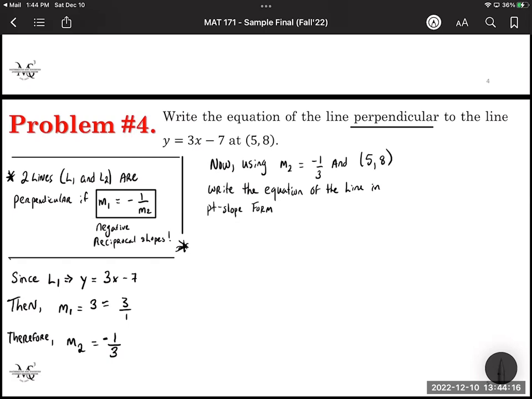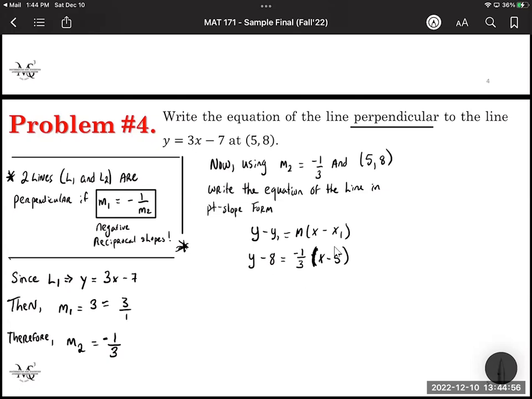Isn't it y minus y1 equals m in parentheses x minus x1? There you go, you got it. Very good, Chris. So now I'm just going to plug things in accordingly. M2 is negative 1/3, so that's my m. X1 is going to be 5, and Y1 is going to be 8. So we get y minus 8 equals negative 1/3 of, in parentheses, x minus 5. So that would have been the equation in point slope form.